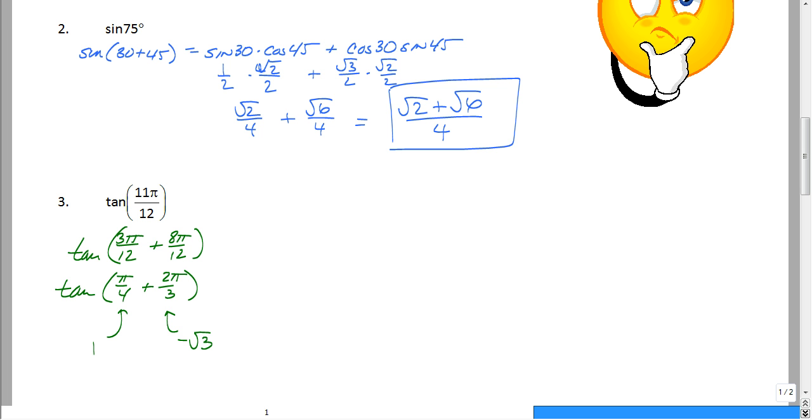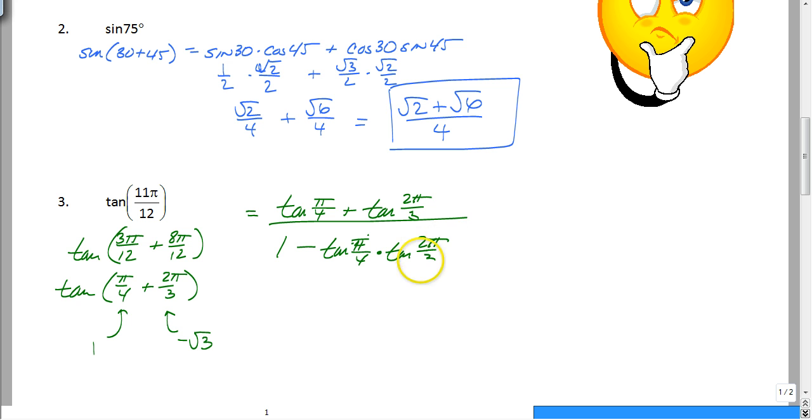So now we're going to use our formula. The formula is going to tell us that it's the tangent of pi over 4 plus the tangent of 2 pi over 3, all over 1 minus the tangent of pi over 4 times the tangent of 2 pi over 3.